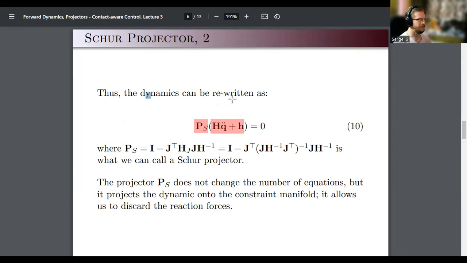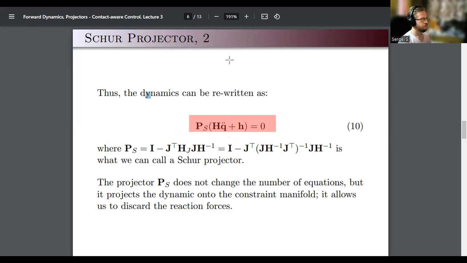It is a different subspace. After we solve the equation, q double dot will be in the solution subspace. So this whole thing doesn't have to be in the solution subspace. Only q double dot after you solve the equation has to be, and that is what this projector does. Essentially, it transforms the equation in such a way that the solutions of this equation are correct in terms of constraints. Okay.